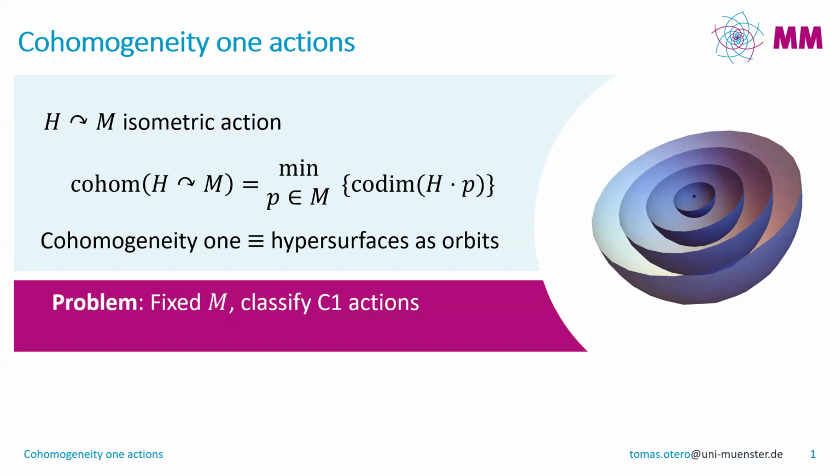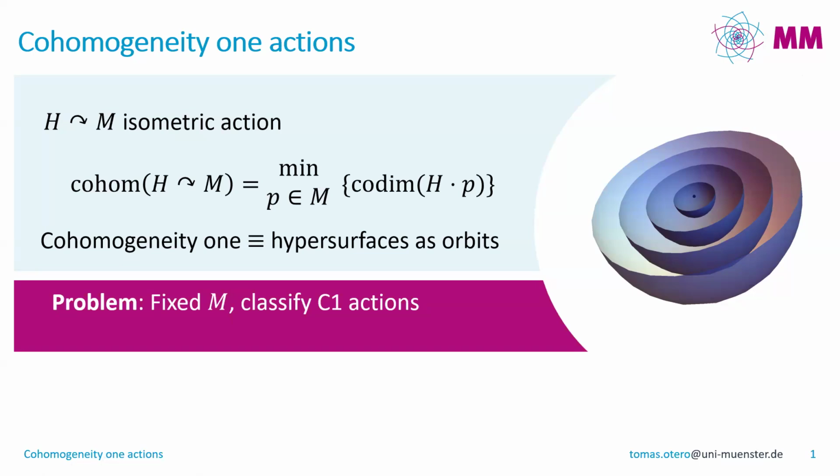They form an isoparametric family of the ambient space M. So maybe it is an interesting problem to fix an ambient space and try to find all of the possible cohomogeneity-one actions on this ambient space.